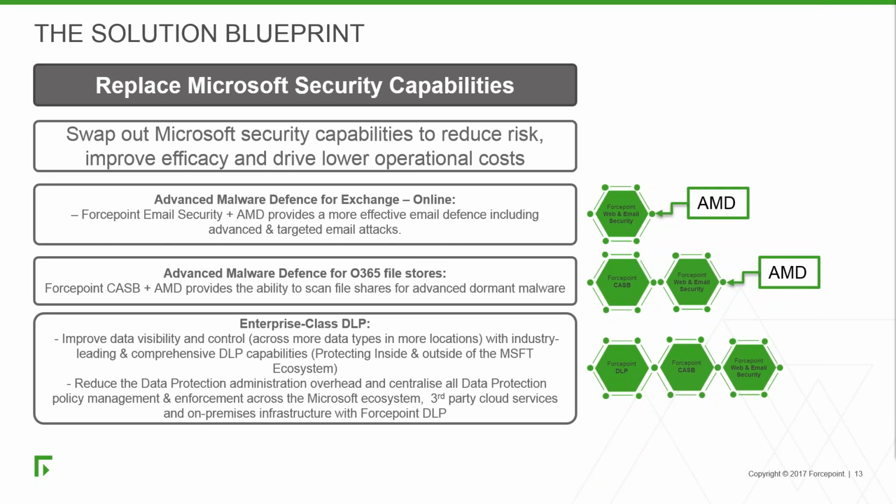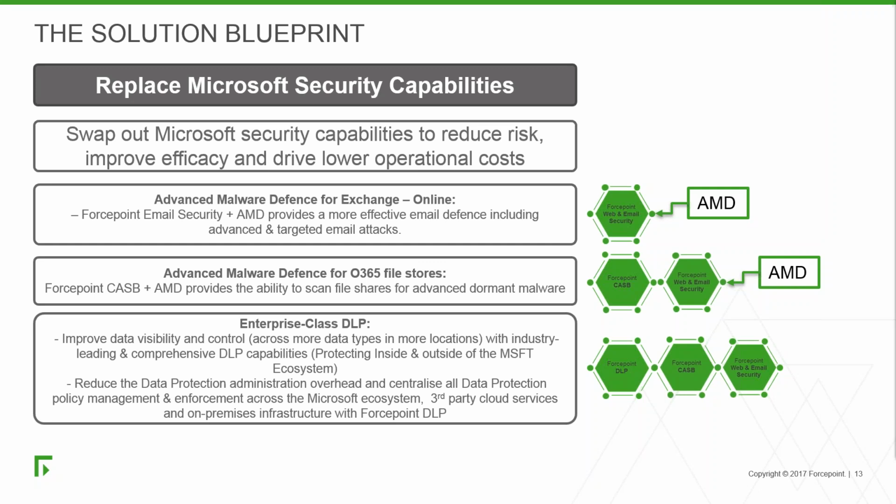And then finally, the enterprise class DLP. And again, this is one that for some organizations is absolutely critical, and for others is less of a concern, because Microsoft does offer a kind of DLP capability within their system. For some people, that's going to be enough. For others, it's absolutely not sufficient, because maybe they need to do more than just some basic regulatory compliance.